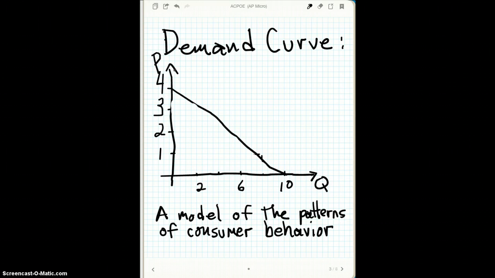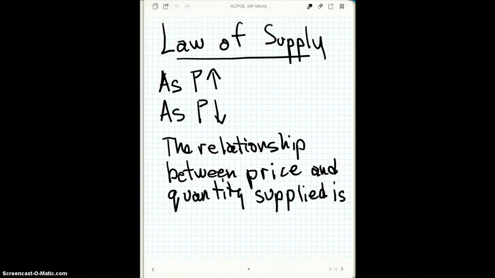So if you just step back and look at this, a demand curve, any demand curve, is a model of the patterns of consumer behavior. There's a tendency for consumers in this market, or any market really, to behave in this fairly stable and predictable way. Now the law of supply is a little bit different.